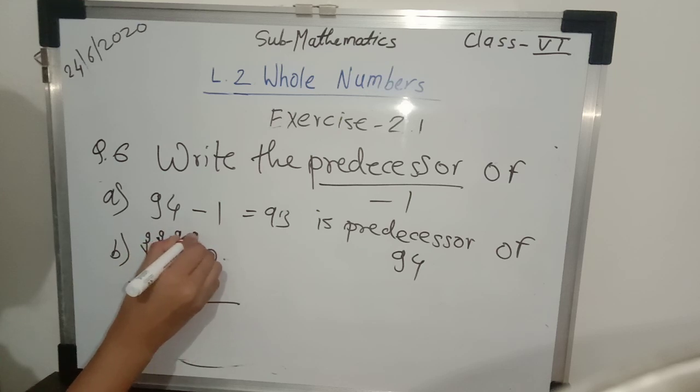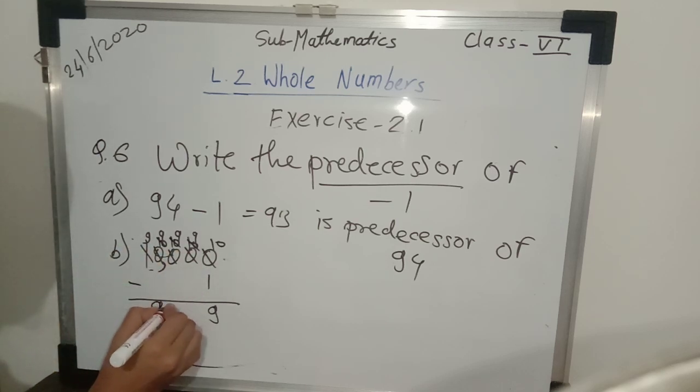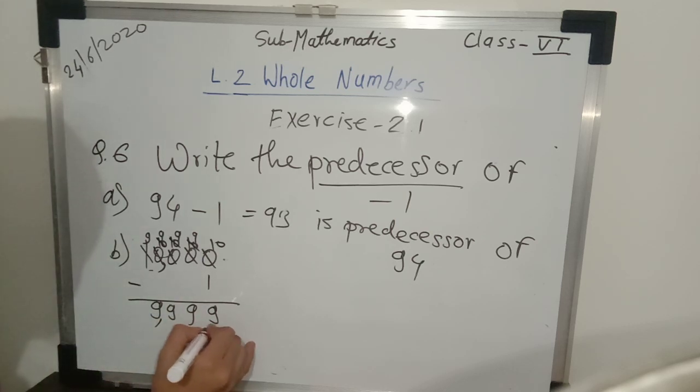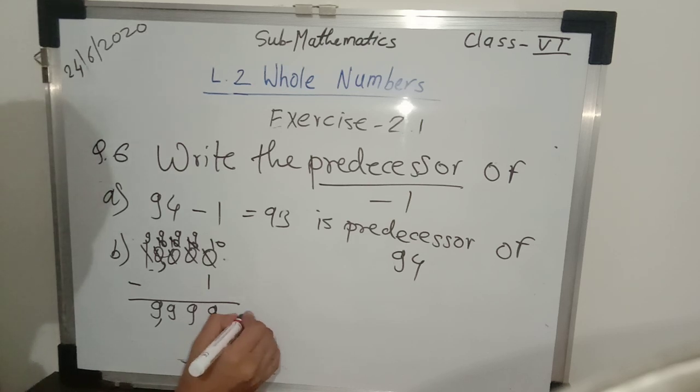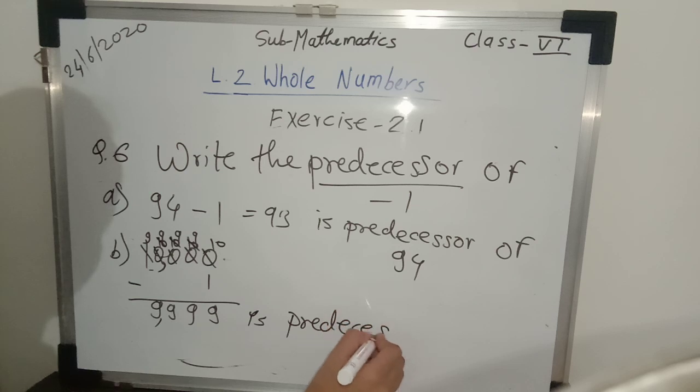Okay, and here till the last 0 we have to borrow the number. So 1 minus 10 is 9, and write the other numbers which are above the borrowed number, that is 9,999. So the before number of 10,000 is 9,999. So this is the predecessor of 10,000.